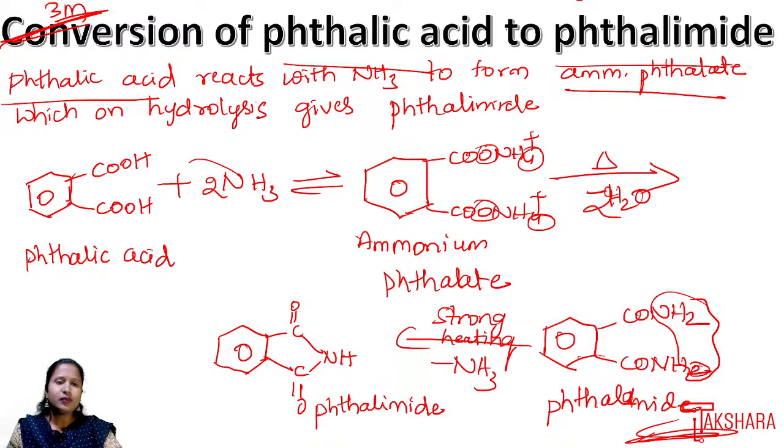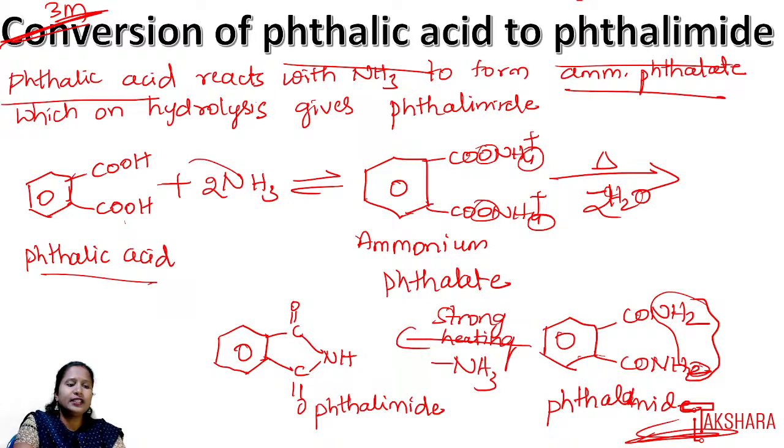Okay, so how do you convert phthalic acid to phthalimide? Like that they'll ask the question. So here as a reactant molecule we consider phthalic acid. Phthalic acid is nothing but what? When 2 COOH groups are attached to the benzene ring, we call it phthalic acid.